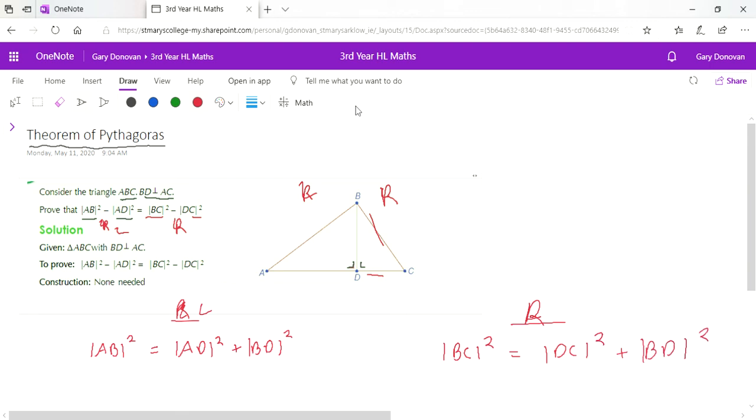Now when we look at both of these triangles and both of these equations, they share one common element. They share this side here. They share BD. We have BD in this equation and we have BD in this equation. So now I'm going to rewrite both of these to give me BD on one side and everything else on the other side.